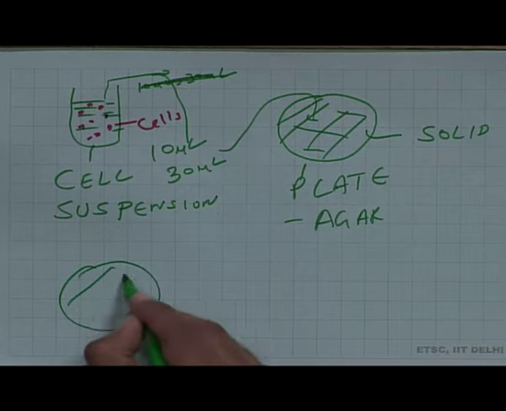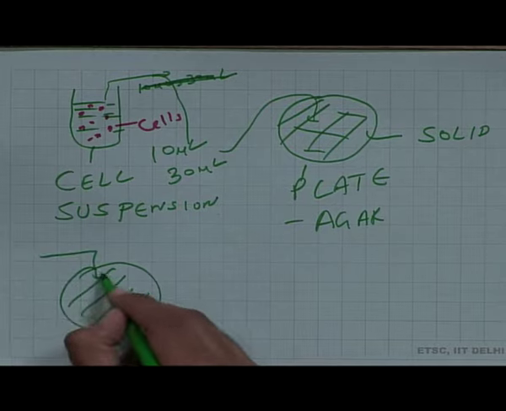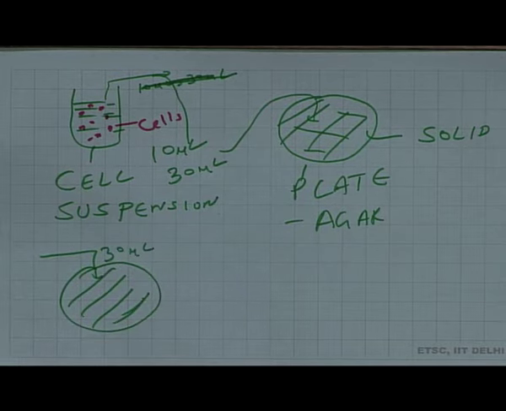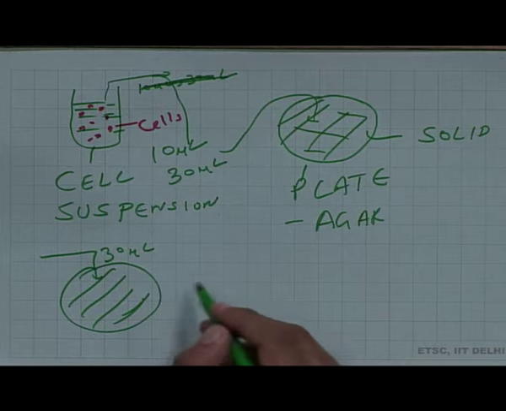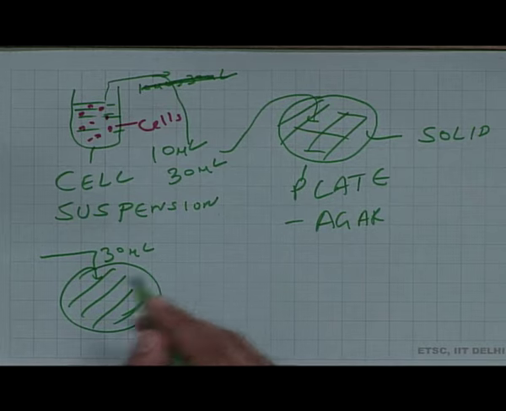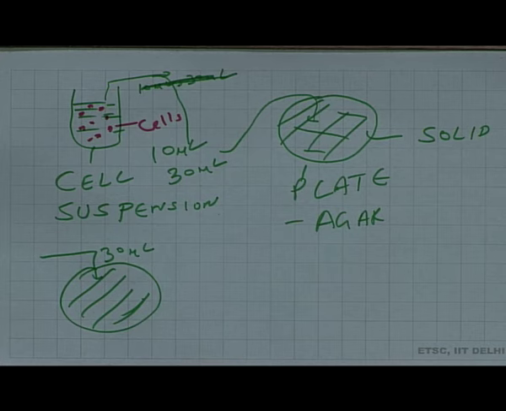So, you have a plate, the 30 microliter goes on top of it, and then you spread it with a spreader, the way you wipe the floor with a wiper, or how the wipers wipe the windscreens of a car.